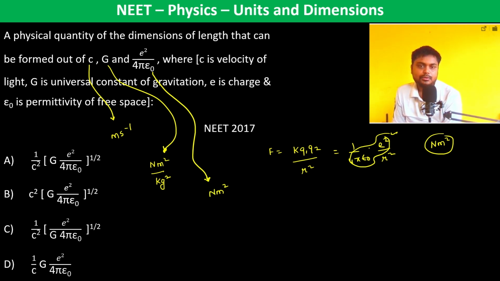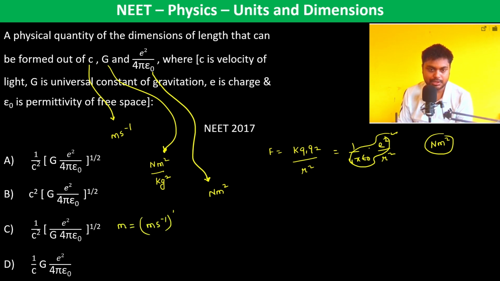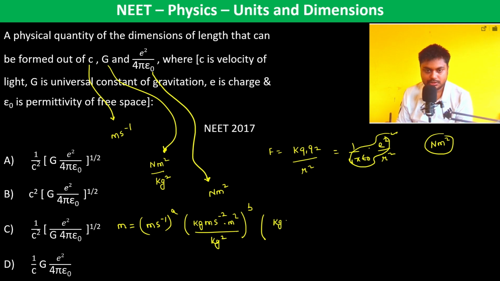Okay, now what we have to do is we have to arrange it in such a way that meter is going to come up. So meter is going to be m s minus 1 to the power a. Now Newton meter square per kg square, which is kg m s minus 2 m square by kg square to the power b. Newton meter square, which is kg m s minus 2 m square to the power c.